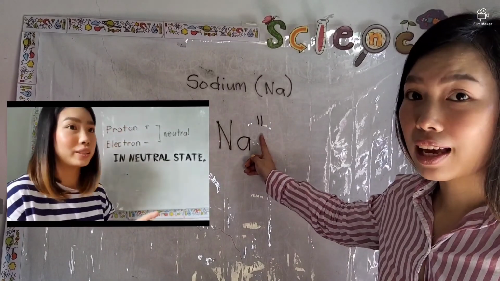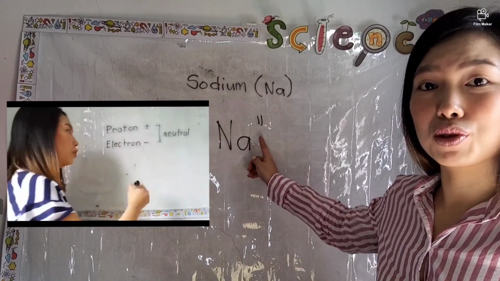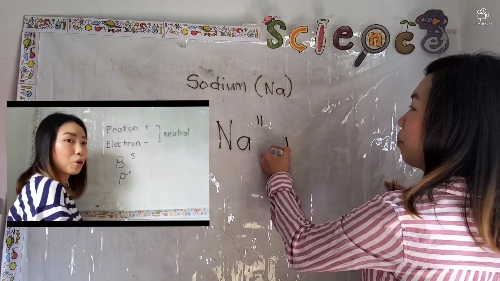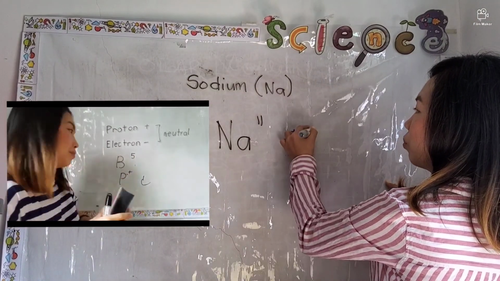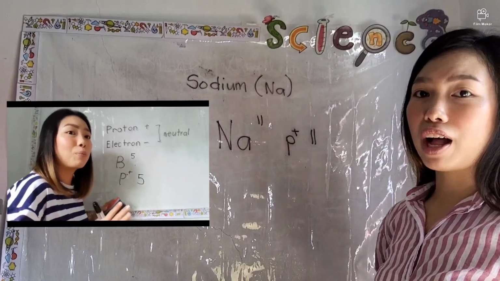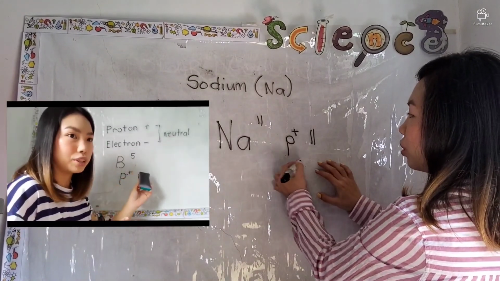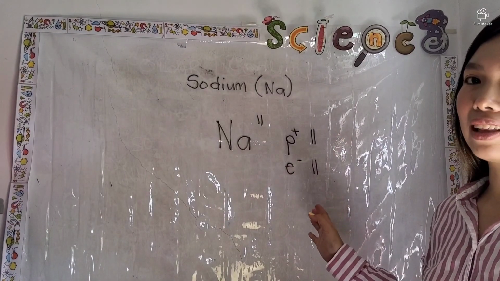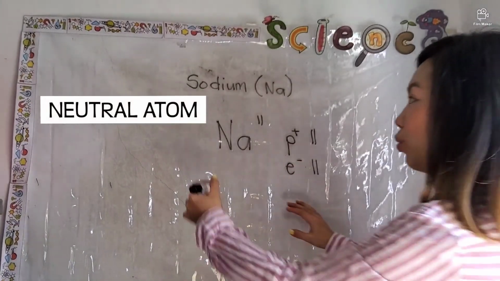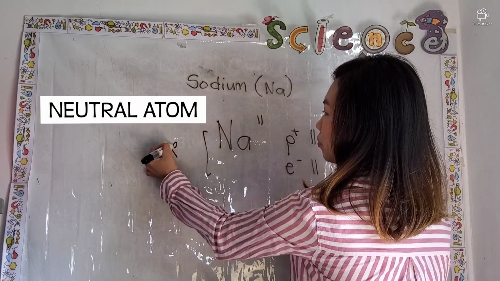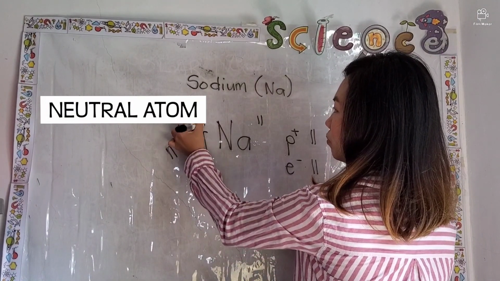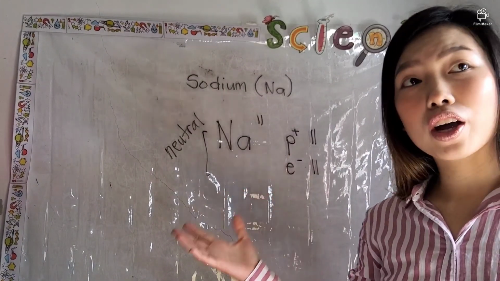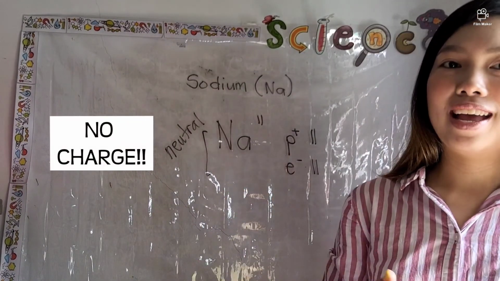So, meaning to say, if the atomic number of sodium is 11, then the value of its proton will be 11 and the value of its electron will also be 11. So, yung tinatawag nating neutral atom. When we say neutral, the atom has no charge of either positive or negative.